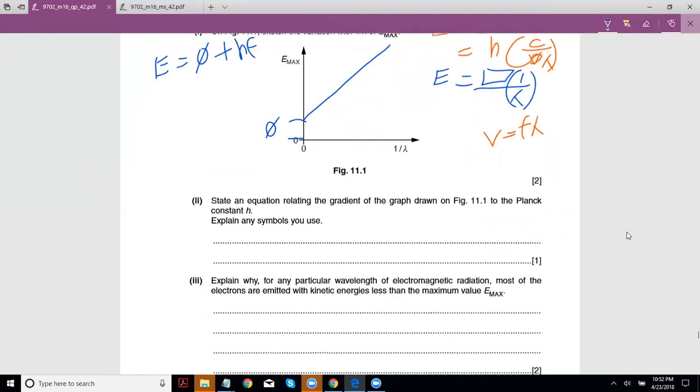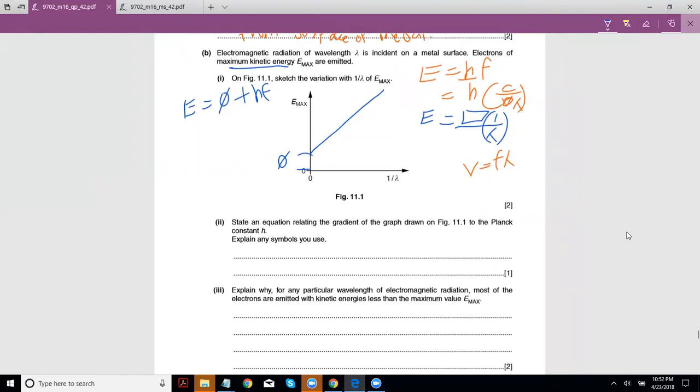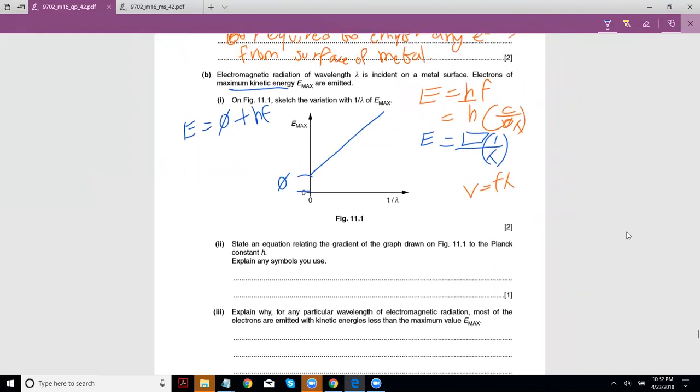The hf is actually the E we want, because E is the kinetic energy of electrons. The E you wrote, the actual E, is what we provided; some of it goes to the work function and some to KE. We have to draw the graph for KE. So in place of hf in the equation, write KE on the y axis.